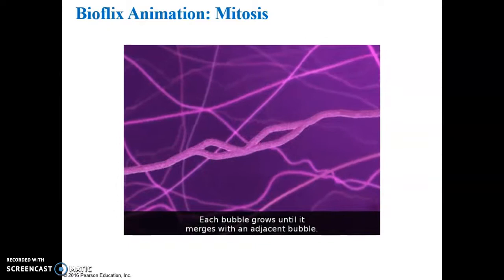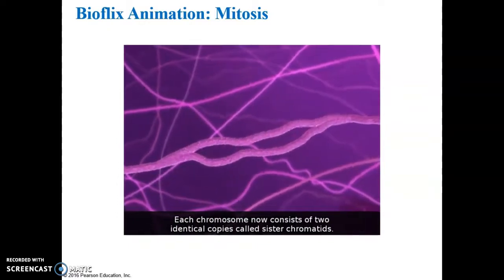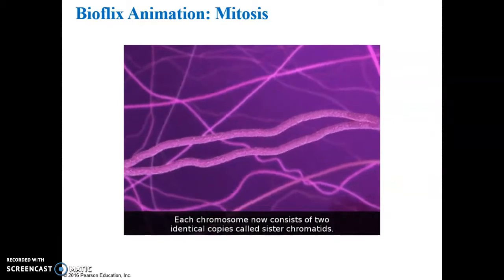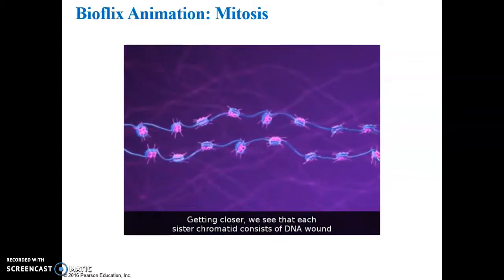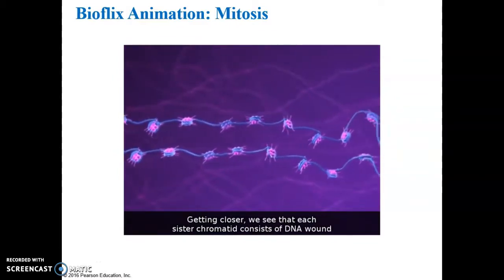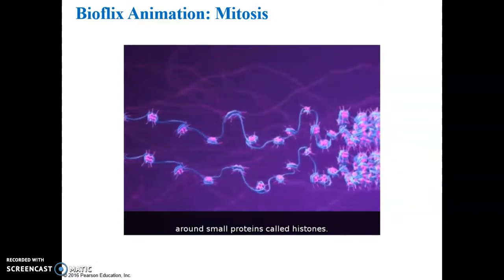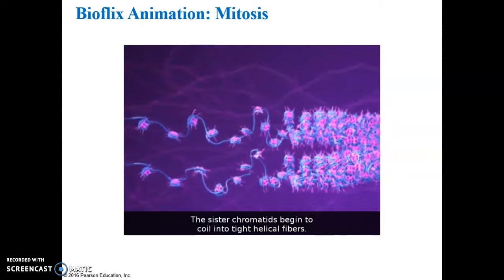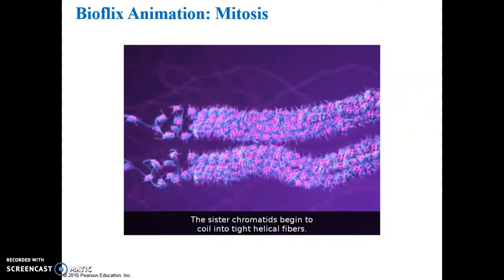Each bubble grows until it merges with an adjacent bubble. Each chromosome now consists of 2 identical copies called sister chromatids. Getting closer, we see that each sister chromatid consists of DNA wound around small proteins called histones. The sister chromatids begin to coil into tight helical fibers.